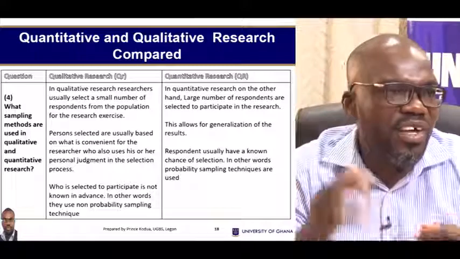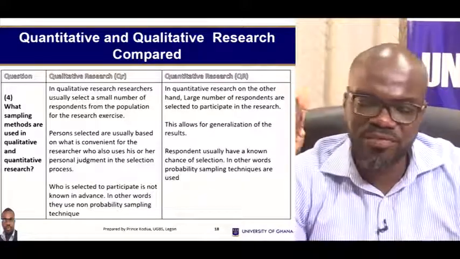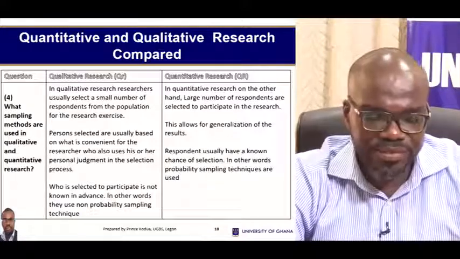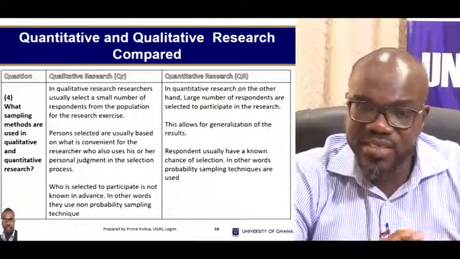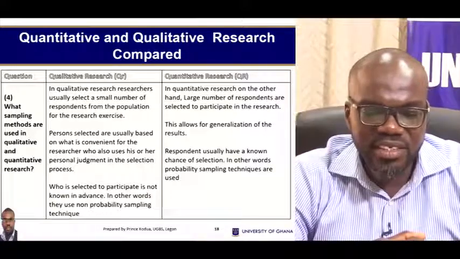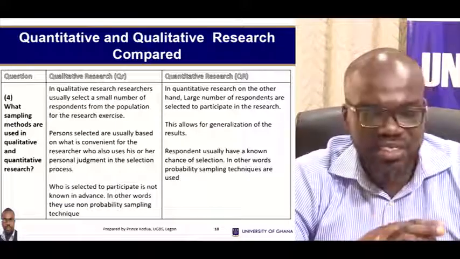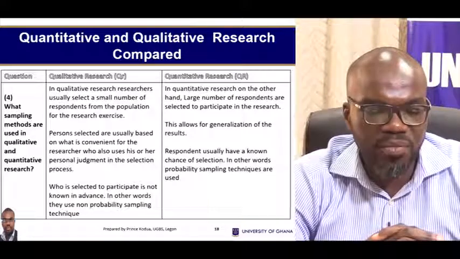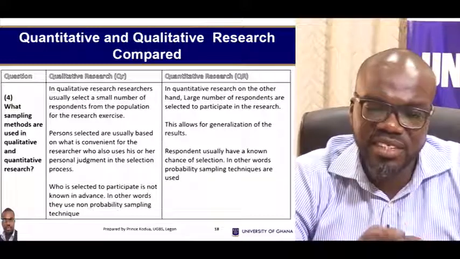Qualitative allows a lot of freedom in terms of where to get the information from. In other words, who is selected to participate in a qualitative study is not known in advance. Here we say that we use non-probability sampling techniques because it's not known in advance.